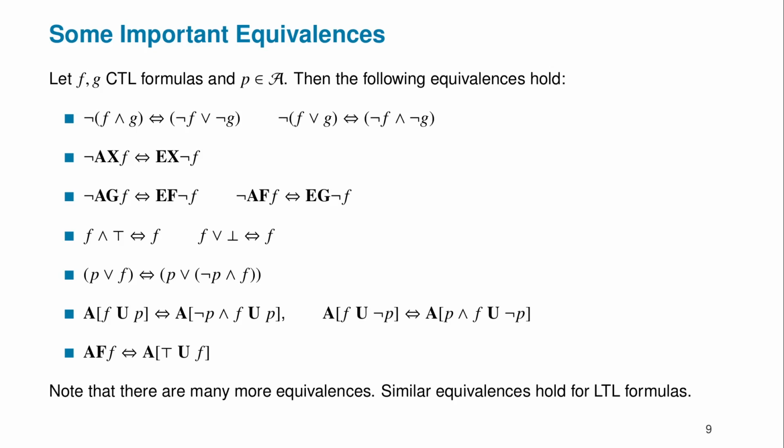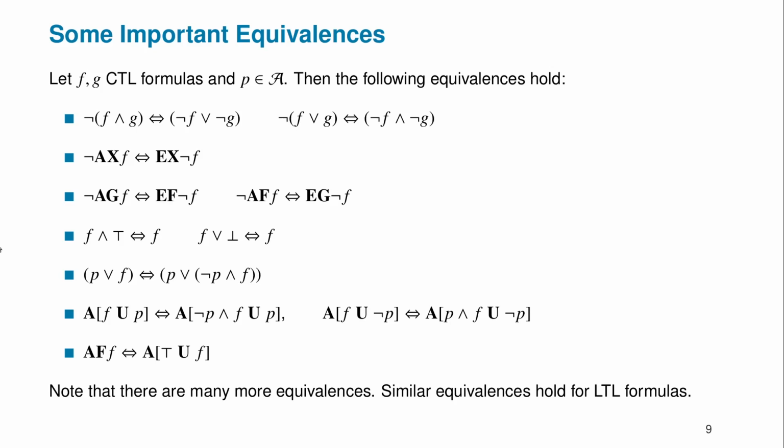Hence we use these equivalences for modifying formulas, for transferring them into another structure without changing their truth value. We use this, for example, to transform a formula into a negation normal form, meaning that we shift negation symbols inside.